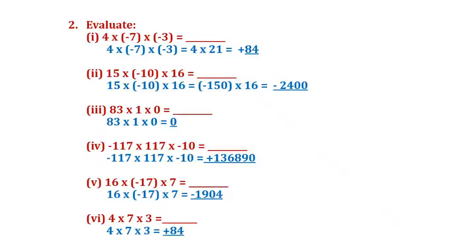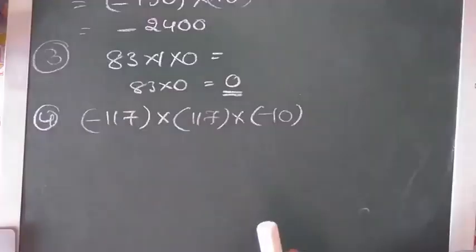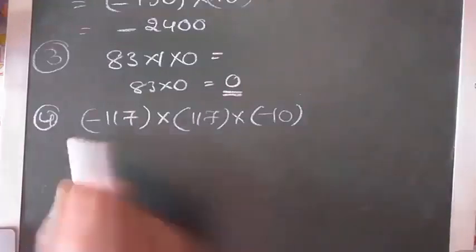Next, minus 117 into plus 117 into minus 10. So here first you multiply these two numbers.